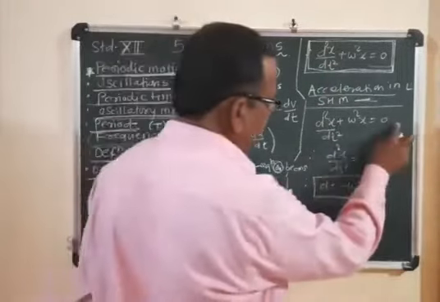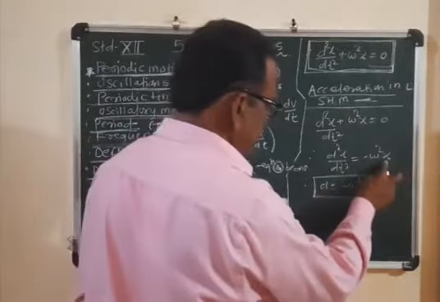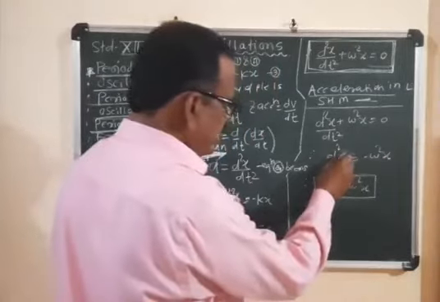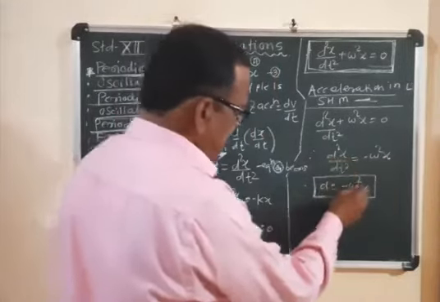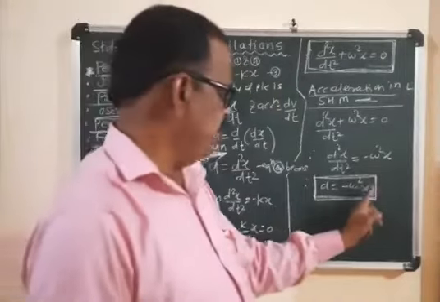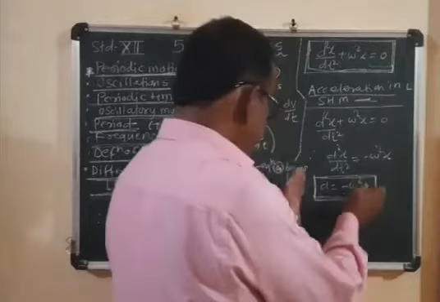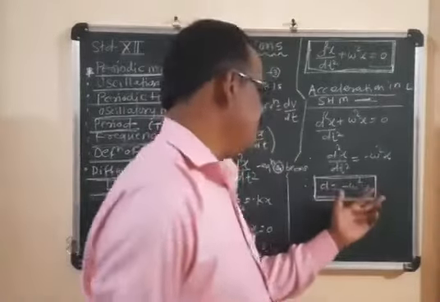Therefore, d2x/dt² = -omega square x. This is called acceleration A. Therefore, acceleration = -omega square x. This is the acceleration in the linear simple harmonic motion.